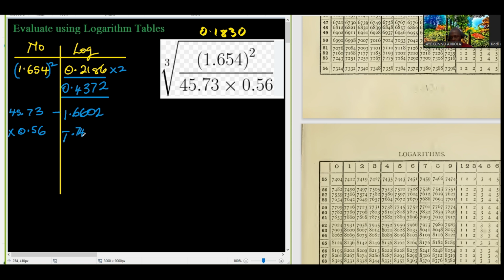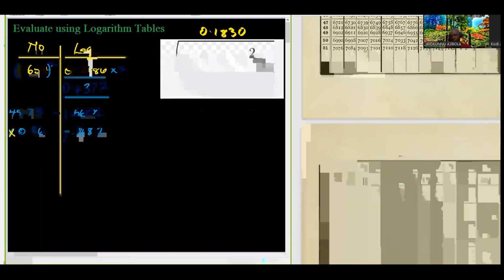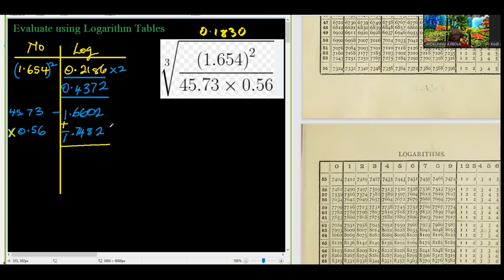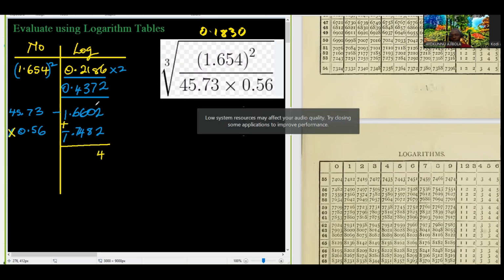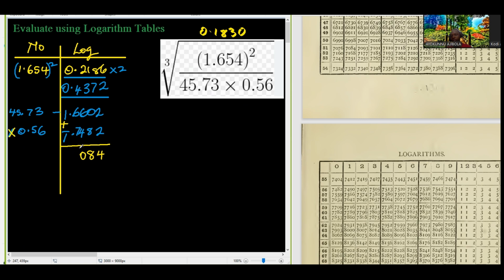Because I'm multiplying them, because it's times, I'm going to add these two values together. 2 plus 2, 4. 0 plus 8, 8. 6 plus 4, 10. Then 6 plus 7 is 13 plus 1, that's 14. So 1 plus the 1 here, that's 2. 2 minus 1 is 1.